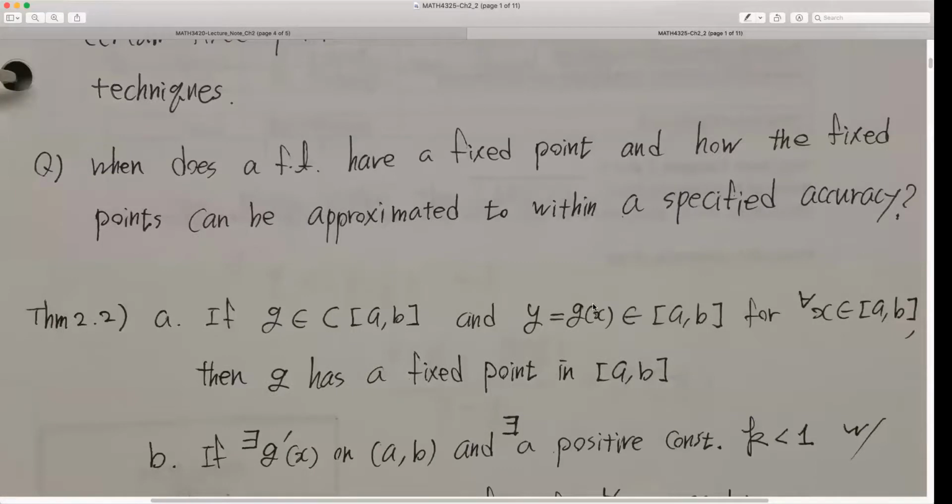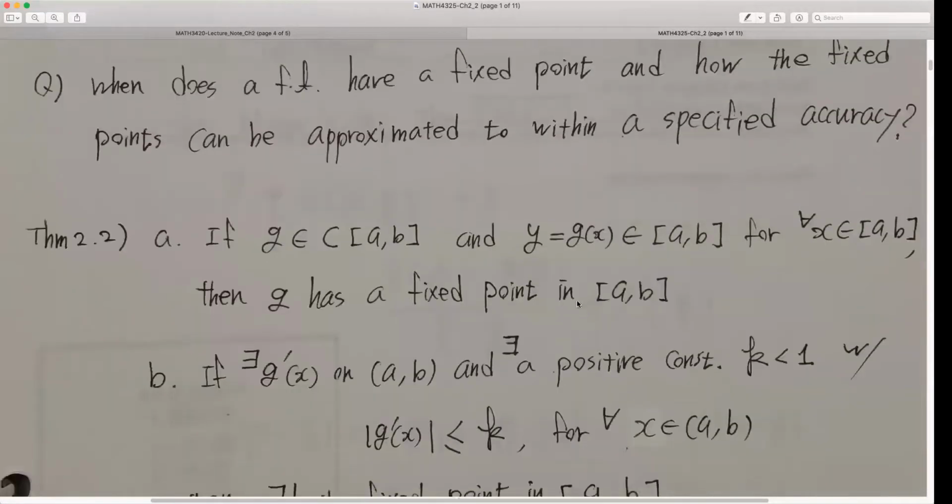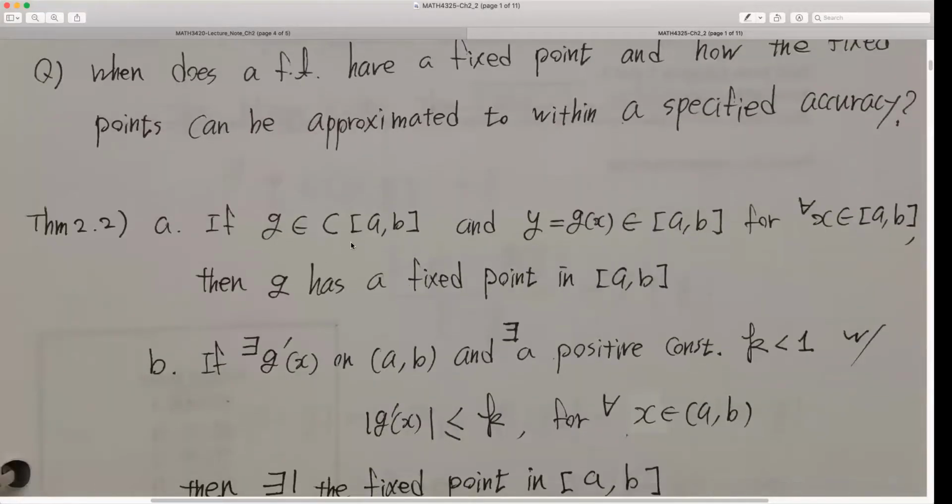Here's theorem 2.2. If g is a continuous function on the closed interval a, b, and y is defined by g of x, then g of x belongs to the closed interval a, b. It means that the range of function g is contained in the domain, the closed interval a, b.